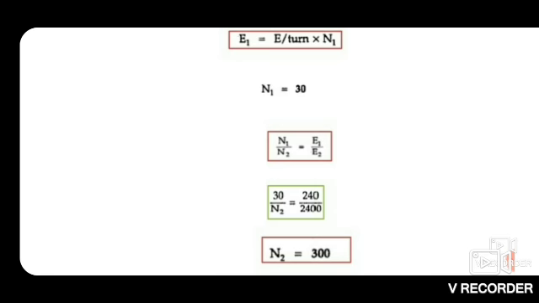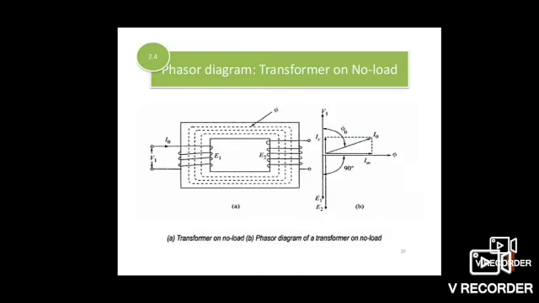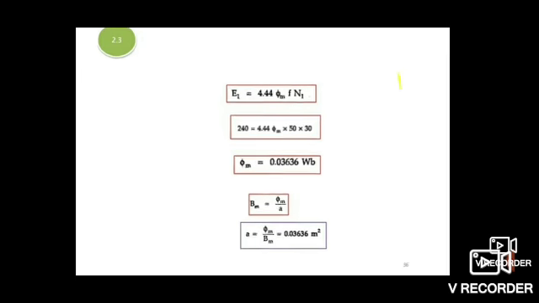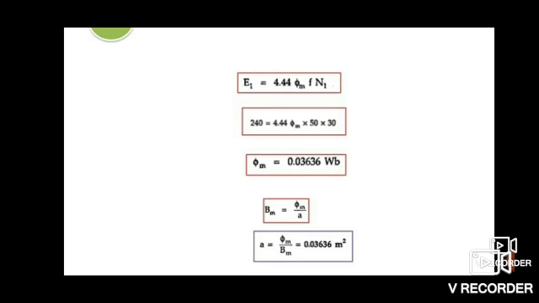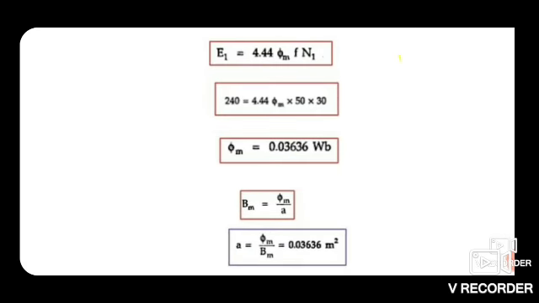Now we are going to find the value of area. For area, we have to go to the EMF equation. The EMF equation is E1 equal to 4.44 phi m into F into N1. E1 is 240, F is equal to 50 Hz, N1 is 30 turns.